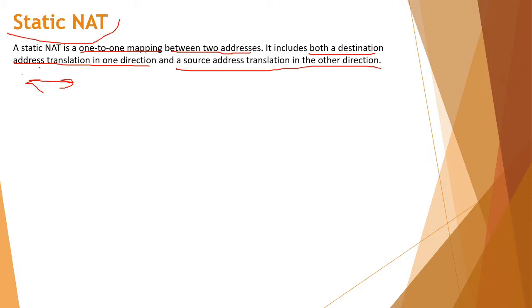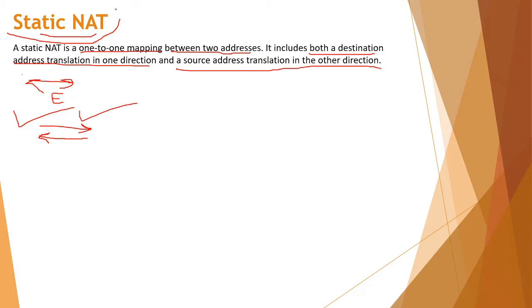So in which practical scenarios do we need to perform a static NAT? Let's suppose you have an email server where it is necessary that incoming and outgoing traffic both use the same IP address, right?